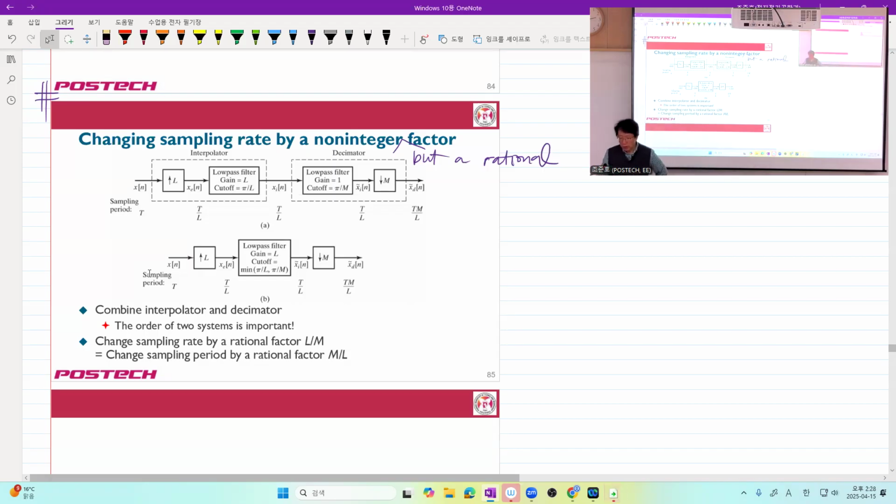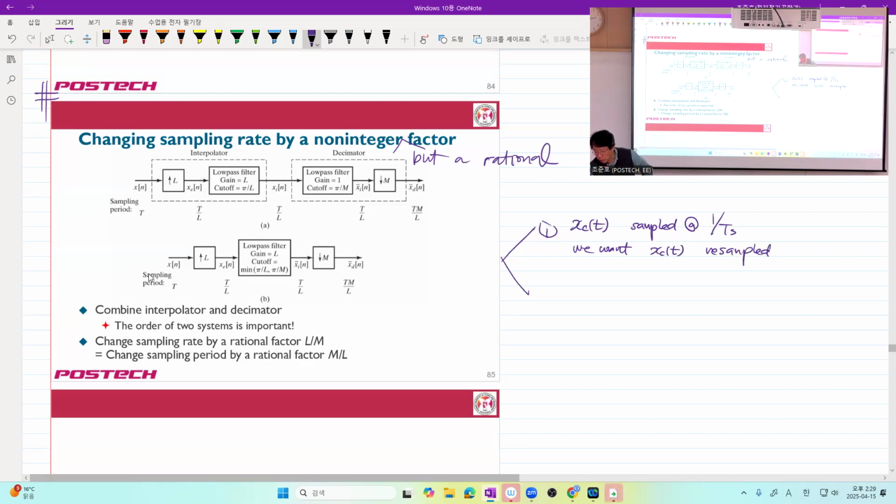So there are two interpretations. First is that you have a continuous-time signal x_c(t) sampled at 1 over Ts, and we want it resampled at some rational multiple of the sampling rate.